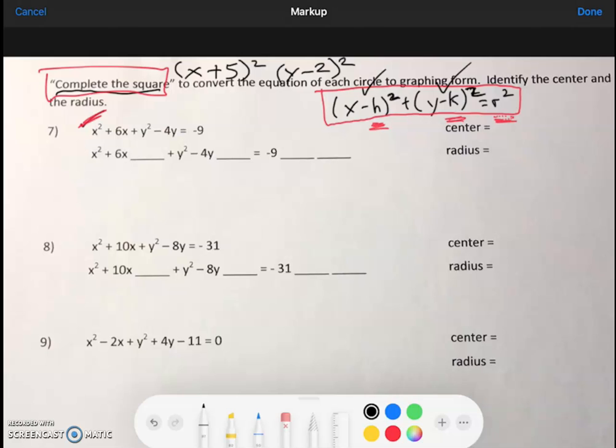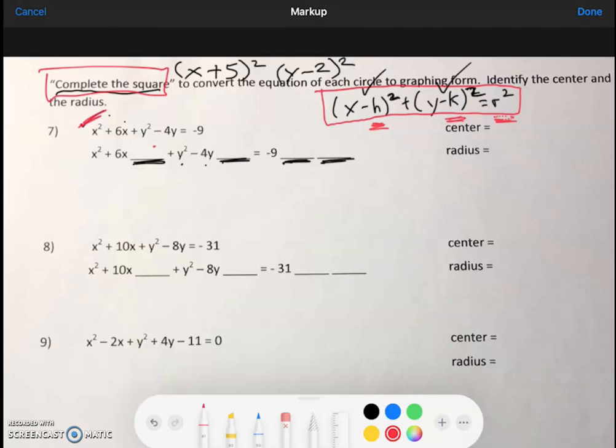Now you can see they started off here with number 7 and they kind of took the x squared plus the 6x. Then they put a little gap here, a little space. And then they took the y squared and minus 4y. And then they put another gap here. On the other side of the equal sign, they have minus 9, and a space. So for this first one, for the x value, you want to think about what is this c value.